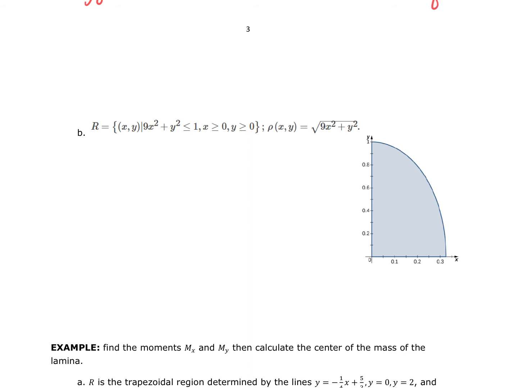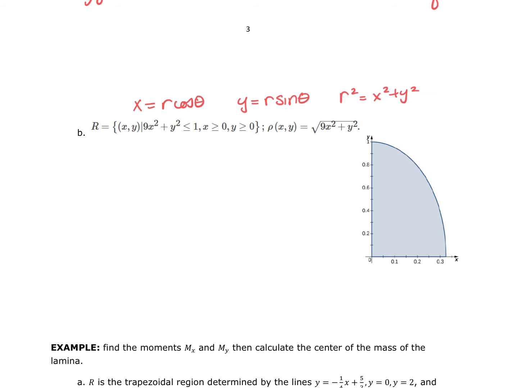So using the fact that x is equal to r cosine theta all day long, y is equal to r sine theta all day long. We also have the fact that r squared is equal to x squared plus y squared. And so I'm going to convert this all into polar because it actually is going to be easier.